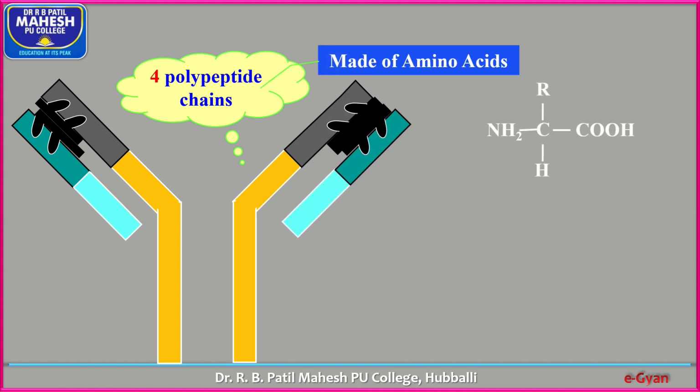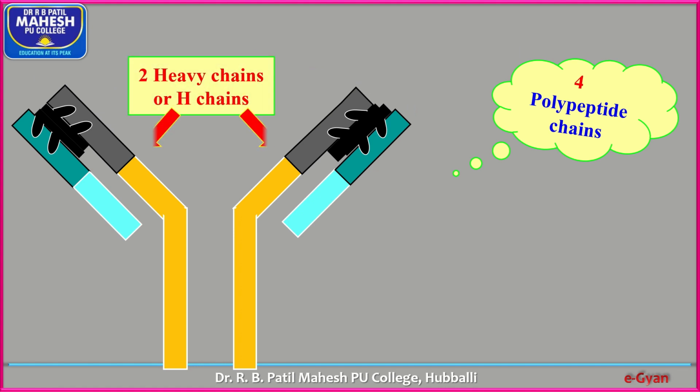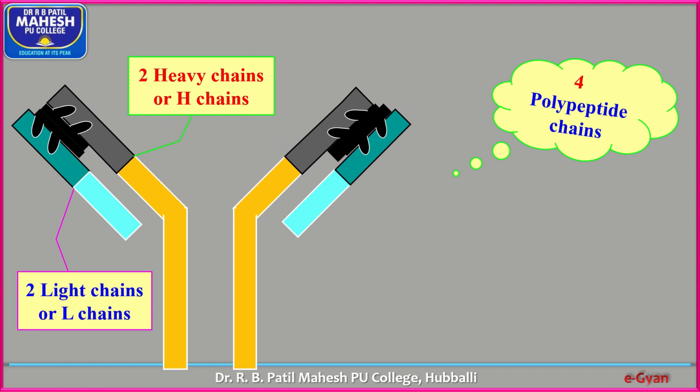And each polypeptide chain is made up of amino acids. There are two regions in each polypeptide chain. One is a variable region, another one is a constant region. And out of 4 polypeptide chains, 2 are heavy chains and 2 are light chains.